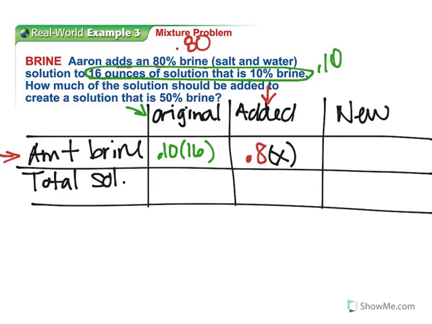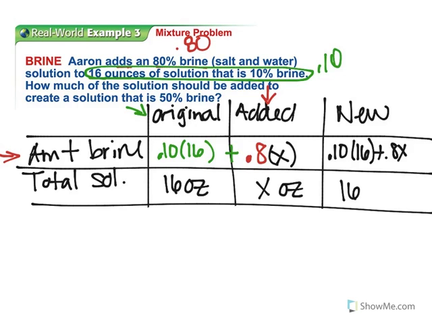So, if we want to figure out what our new solution is going to be, we're going to take these two and we're going to add them together to get a new solution of 0.10 times 16 plus 0.8x. Okay, and then here we have total solution, so we have 16 ounces here. We don't know how many ounces here, so to get our total, we're going to have 16 plus x ounces.